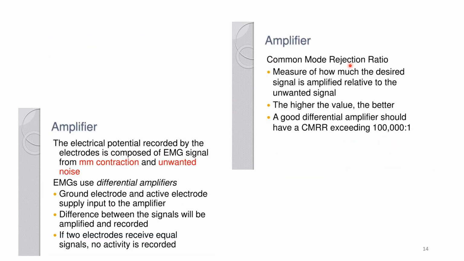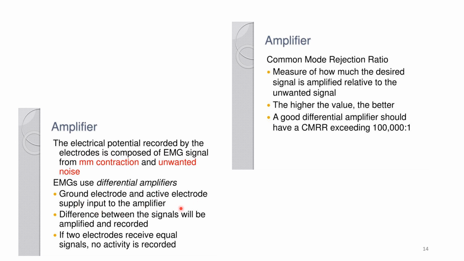Now coming to the amplifier. What is an amplifier? It amplifies the signal which is generated from the muscle. The electrical potential recorded by the electrodes is composed of the EMG signal from muscle contraction, and it also has some unwanted noise. EMGs use differential amplifiers.